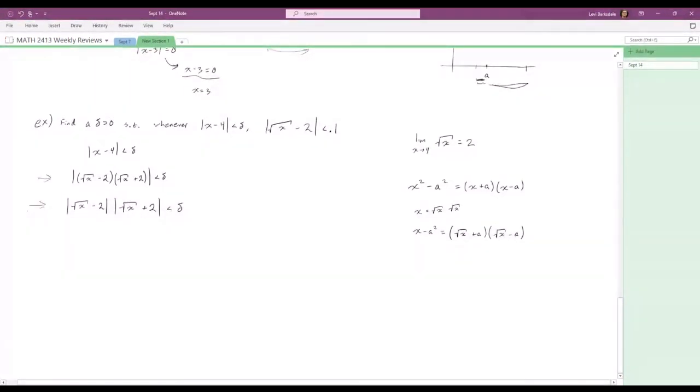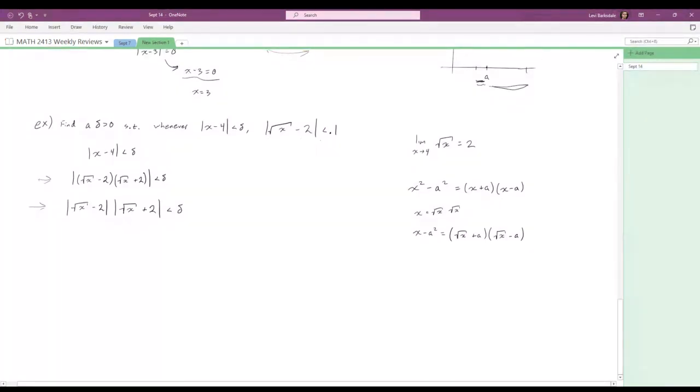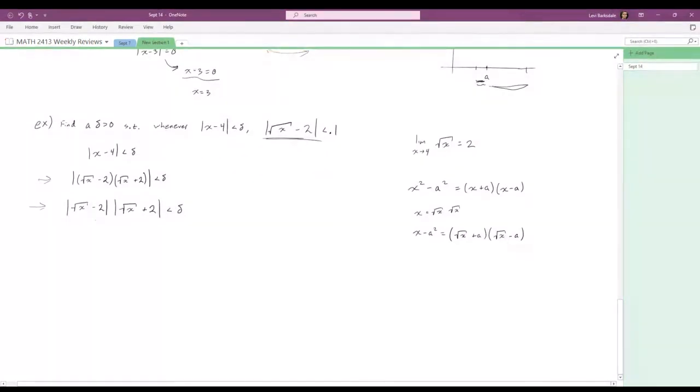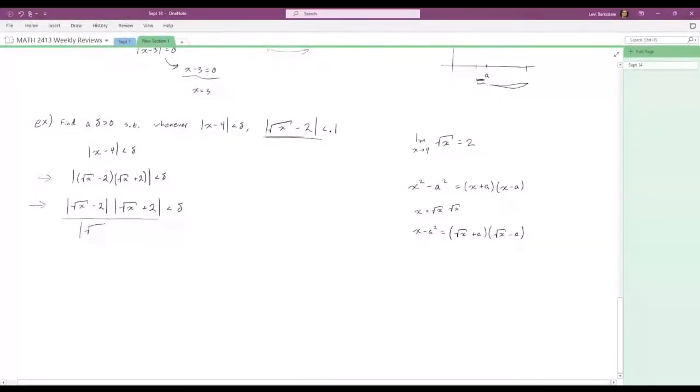And here we also have the absolute value of two things, which are then multiplied together. So it should be a positive times a positive, which should also give us a positive out. All right, so now I have this. Now I'm looking for an x minus 2 by itself, or a root x minus 2. So I'm going to divide both sides by the absolute value of the square root of x plus 2.